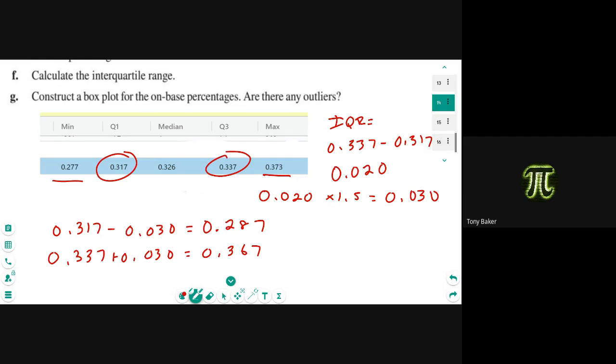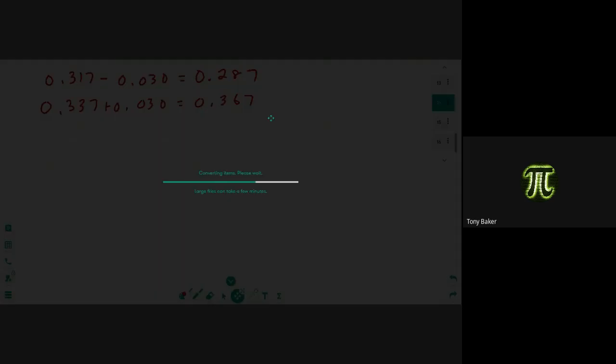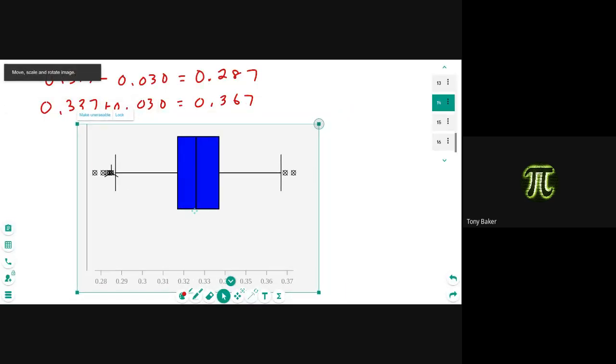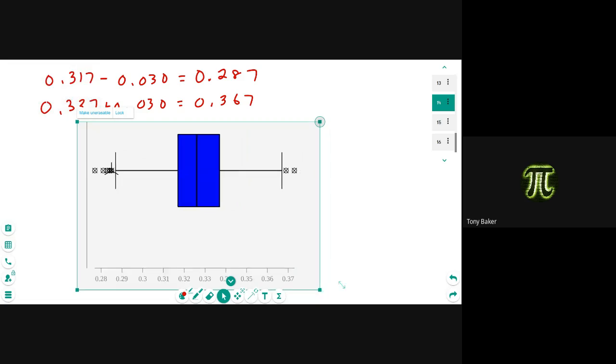So how would you show that as a box and whisker plot? So this is the box and whisker plot.